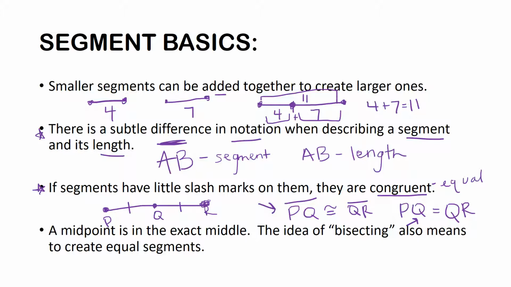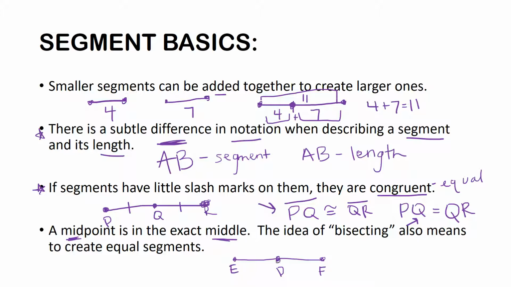Lastly, a midpoint. Thinking about that word midpoint, we're going to assume it's in the middle. Okay, so midpoint means middle. So thinking of if I draw a segment like this, and I say that D is the midpoint of EF.